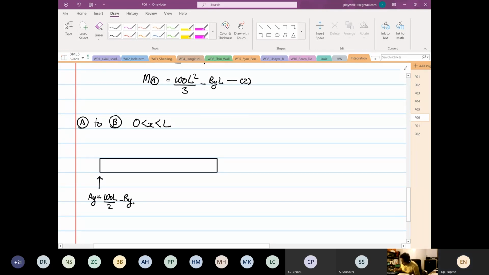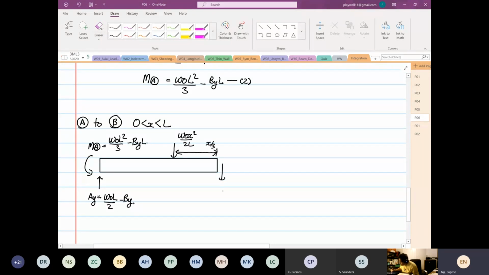Then we have our moment at point A, which is equal to omega naught L squared over 3 minus BY L. Then we have an equivalent load, omega naught x squared over 2L, and the distance from here to here is x over 3.